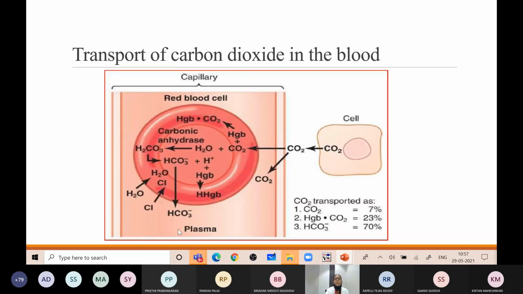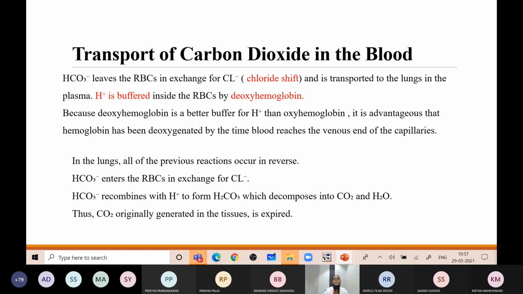For each bicarbonate which diffuses into the plasma, one chloride enters into the RBC. This is called the chloride shift, which occurs during carbon dioxide transport. So chloride moves from the plasma to the RBC. Bicarbonate leaves the RBC in exchange for chloride. That is called the chloride shift.